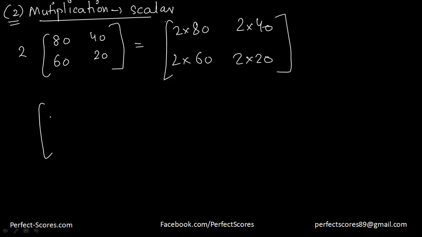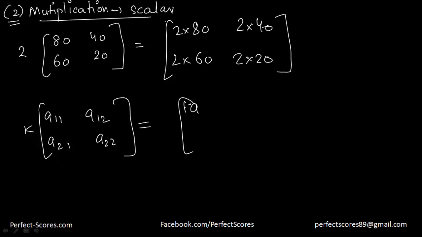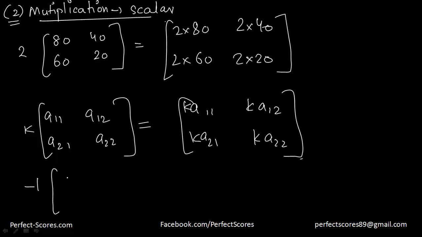Let's suppose I have this matrix here, A11, A12, A21, and A22. If I multiply this by K, the resultant multiplication would be K times A11, K times A12, K times A21, and K times A22. Right? So that is known as the multiplication with the scalar number. Similarly, suppose this matrix is 1 2 negative 2 and 1.